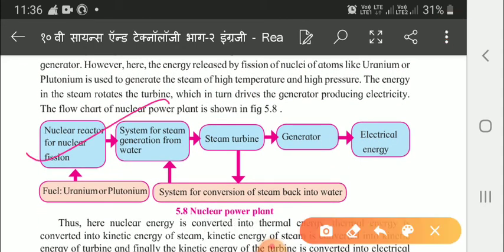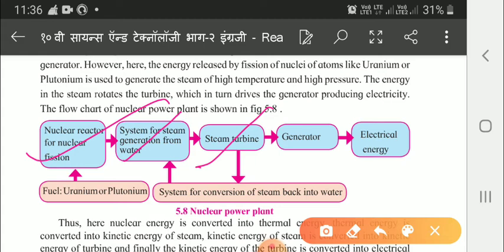Here we can see the flow chart, children. A nuclear reactor for the nuclear fission system generates steam from water. Then the steam is provided to the turbine, which is rotating due to high pressure. Due to the rotation of this turbine, what will happen, children?